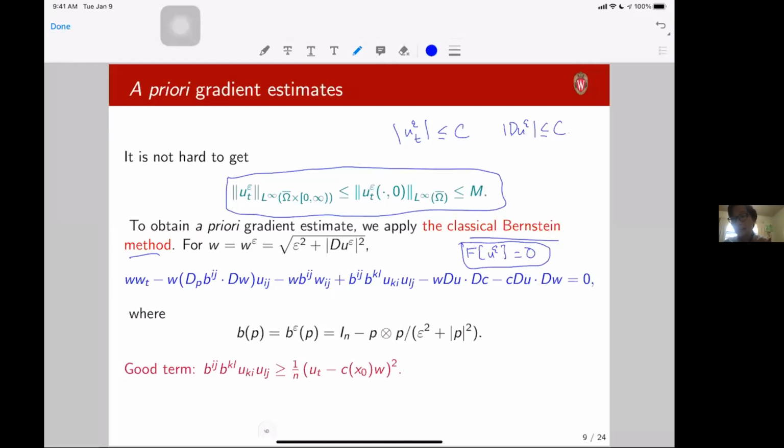If we differentiate that, if we linearize that, then u epsilon solves F(u epsilon) equals 0, and if we differentiate in space or time, it is going to solve the linearized equation.